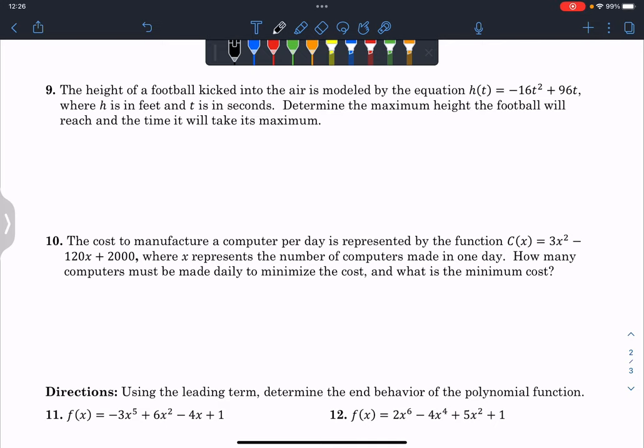Okay, so the height of a football that is kicked into the air is modeled by this equation. We want to determine the maximum height. Well, we first have to figure out the time, which is t, at which it reaches its maximum height, by using the same formula as in examples 5, 6, 7, and 8. So negative b divided by 2a, where here a would be negative 16 and b would be 96.